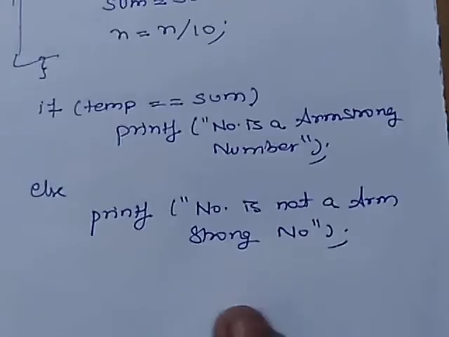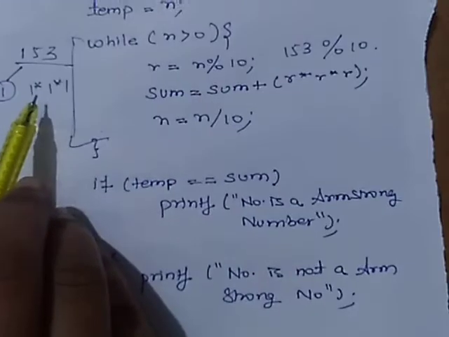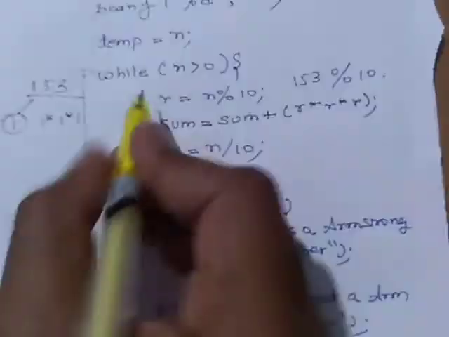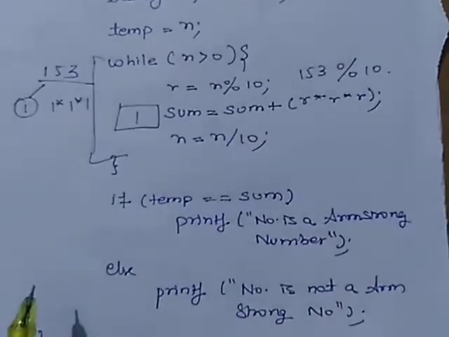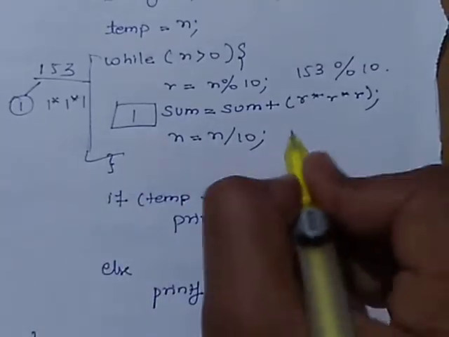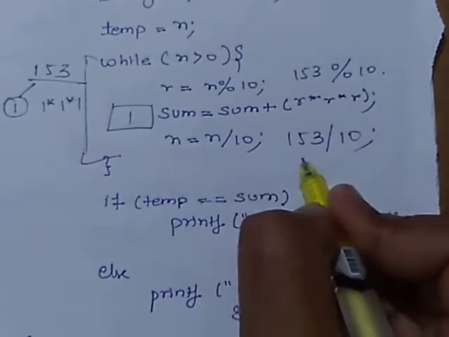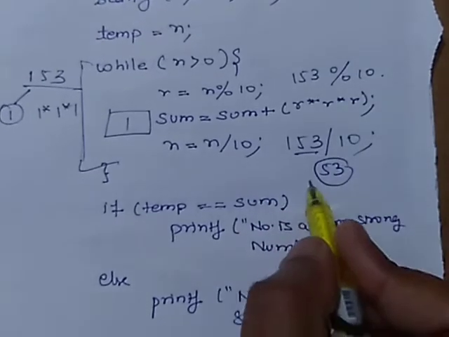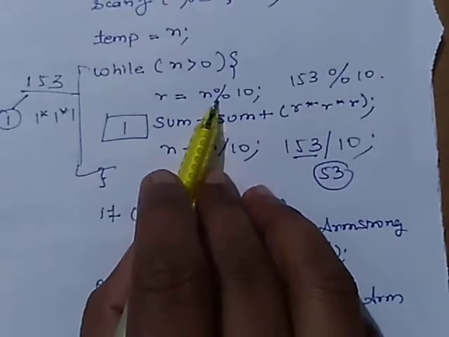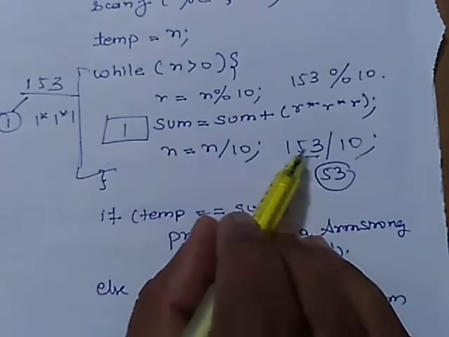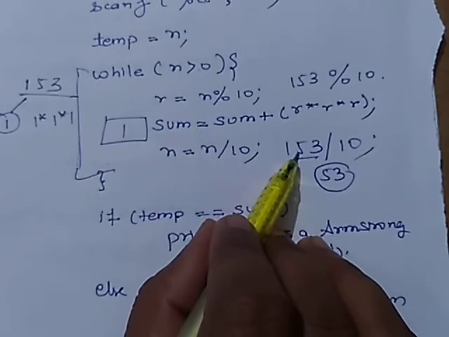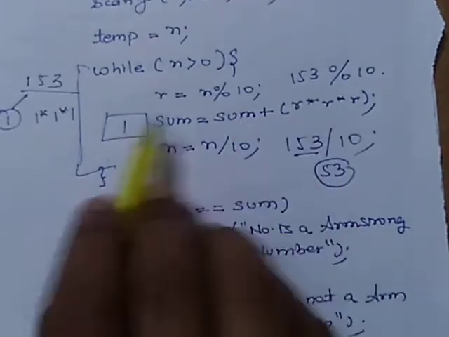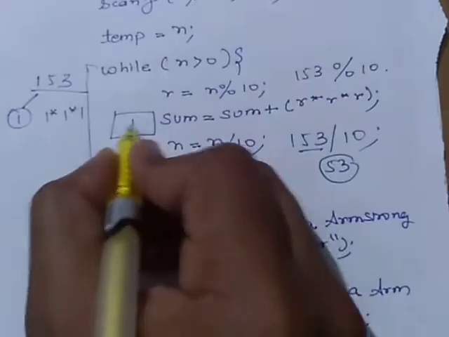Now we have initialized the sum equal to 0. So what we will get in this variable, we will get 1. Again here what we have done, the number is divided by 10, so here we will get the quotient, that is n equal to 15. Now again this number will be percentile by 10, we will get 5, and the cube of this is obtained, that is 125, and sum is 1, so here we will get 126.